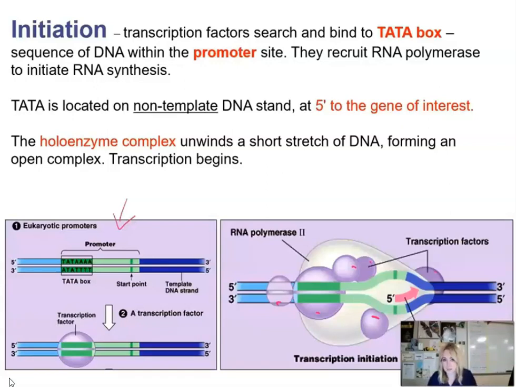Without that, RNA polymerase II would not be able to express a particular gene because it doesn't have that specificity. So transcription factors are the key proteins that bind to the promoter region and other regulatory sequences, and they recruit the RNA polymerase to the scene to begin the actual synthesis.